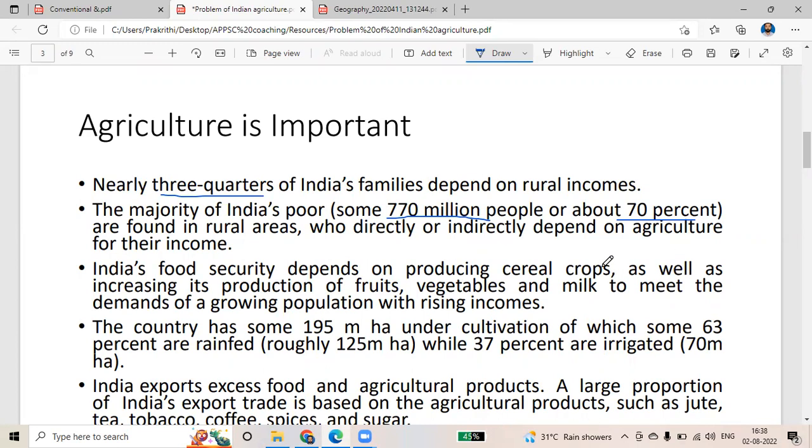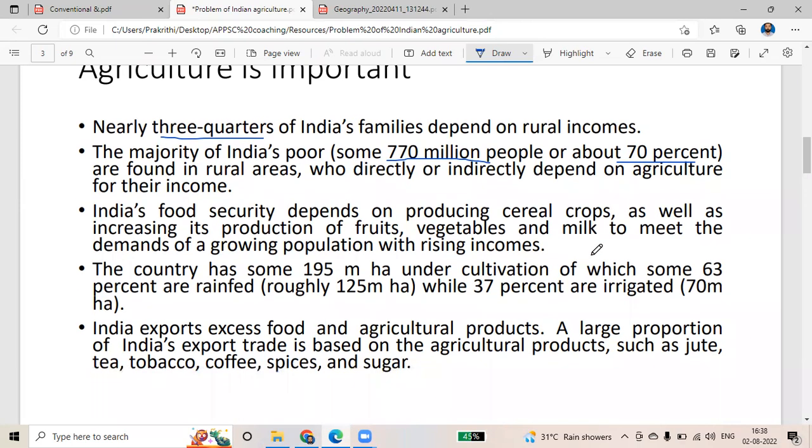Other than this, another important thing is food security. Food security depends on producing cereal crops: rice, wheat, maize, how much of these are produced. So that is our food security. Whatever fruits, vegetables, milk, all those things, food crops and vegetables and fruits and dairy products, all these things contribute to food security.